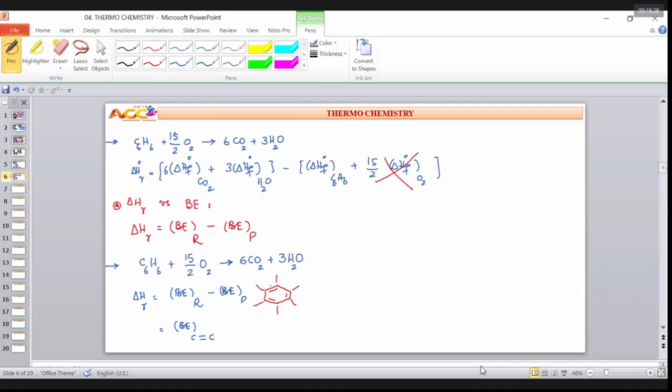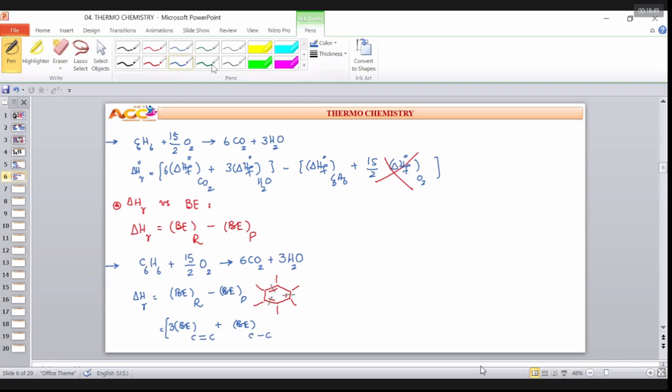This is one C double bond C. This is one. This is one. So we should write 3 times bond energy of C double bond C plus bond energy of C single bond C.